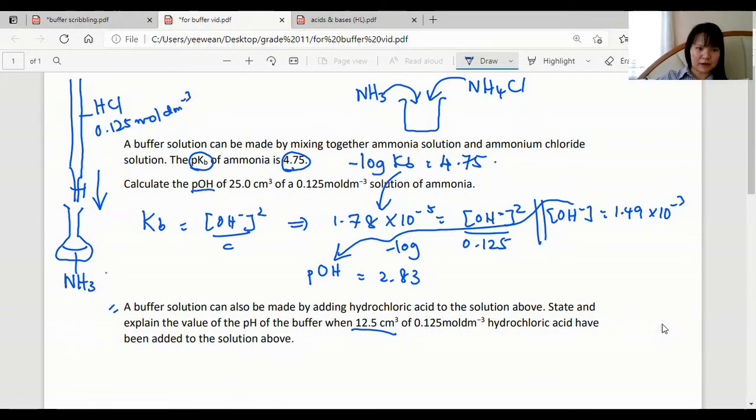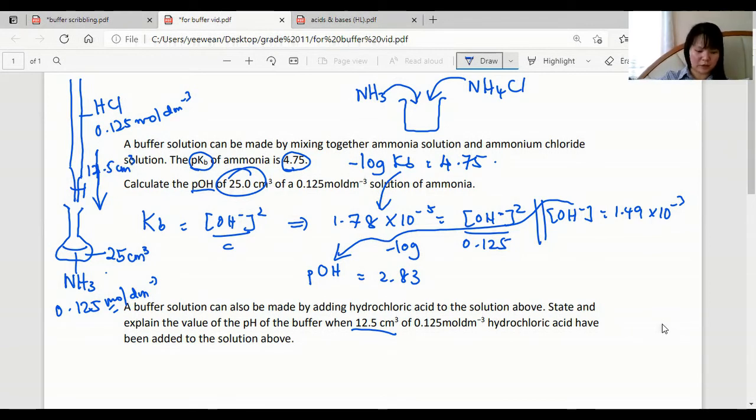The concentration of ammonia is also 0.125, but there is 25 cm³ of it. And we are only going to run 12.5 cm³ of HCl from the burette.